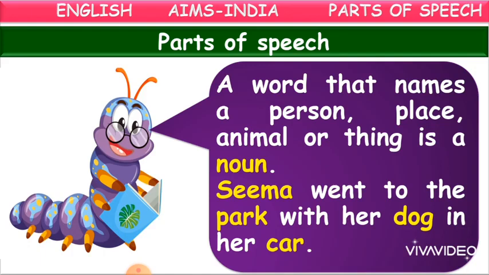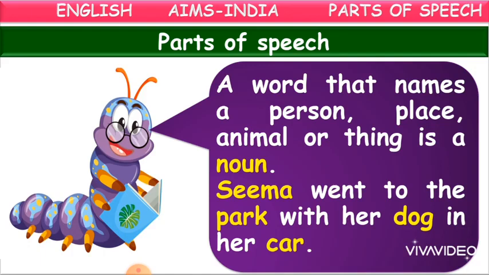Okay children, a word that names a person, place, animal or thing is a noun. What is a noun? A word that names a person, place, animal or thing. That is, a naming word is a noun. For example, here we have a sentence: Seema went to the park with her dog in her car.